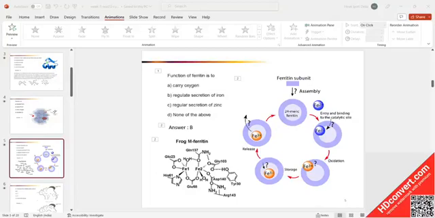The iron carrier in microorganisms is known as siderophores.